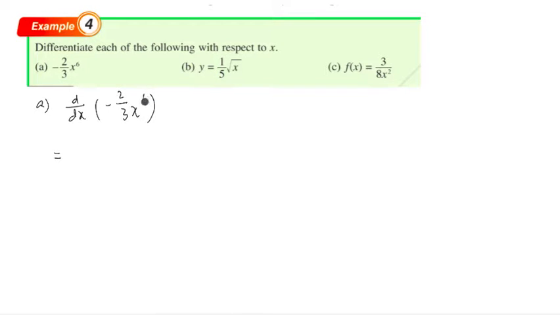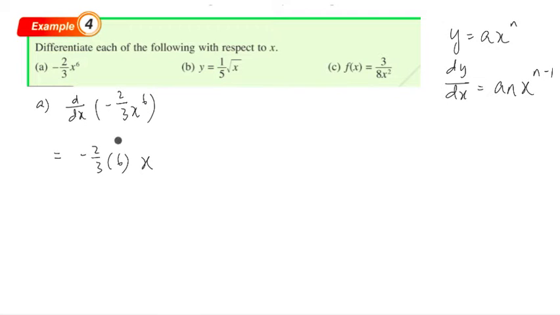So what I do just now, 2 over 3 times x to the power 6, because for ax^n, dy/dx equals a times n, and then x you write n minus 1. A times n, x copy down, 6 minus 1, 5. So this one you cancel, and you get negative 4x^5 for A.